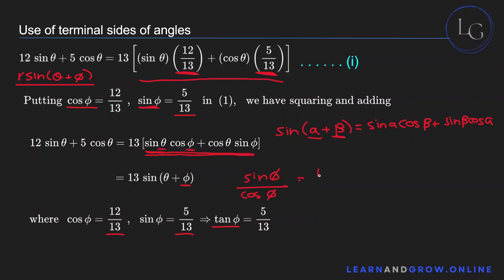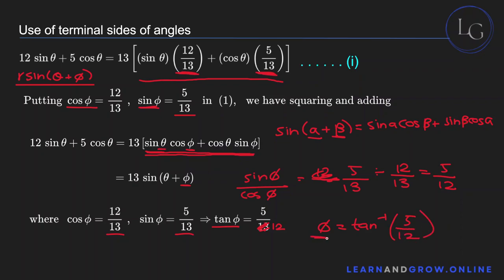That means 5 by 13 divided by 12 by 13, and that ends up being 5 by 12. So now phi is equal to tan inverse of 5 by 12.